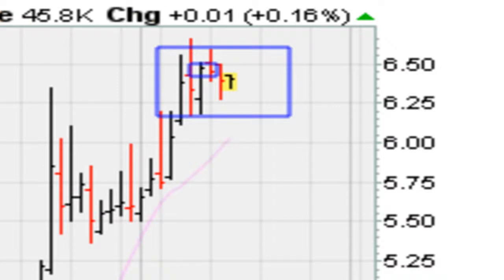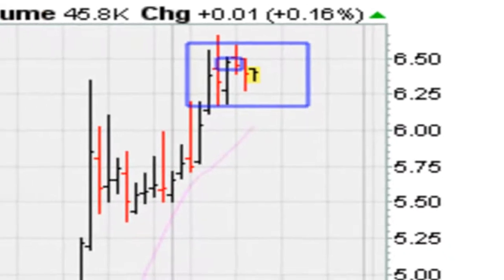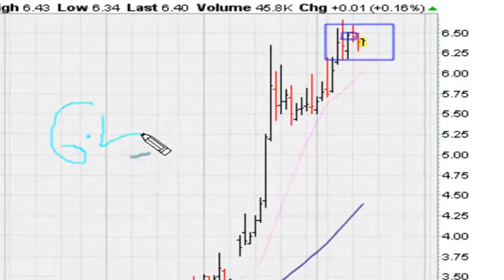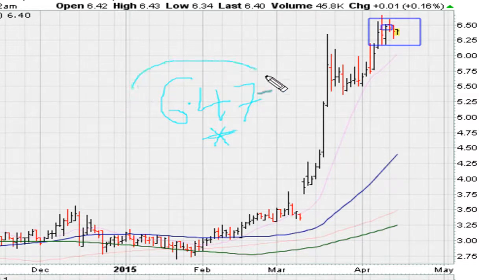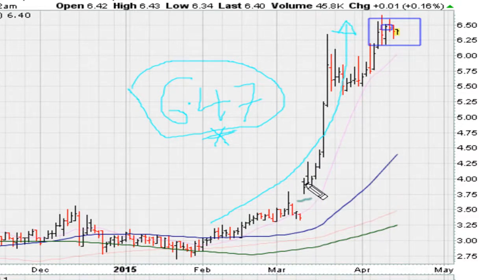So any breakout above 6.47 is legit because we've had at least 2 days of rest. So that meets the minimum requirement. Any breakout short term should be bought. Otherwise, don't buy the stock, because remember, the stock is elevated and you only buy the potential breakout suggesting there could be more upside. Otherwise, it's a risky trade.